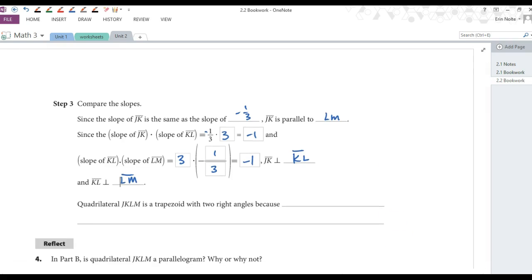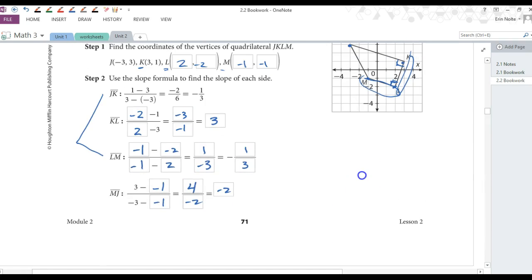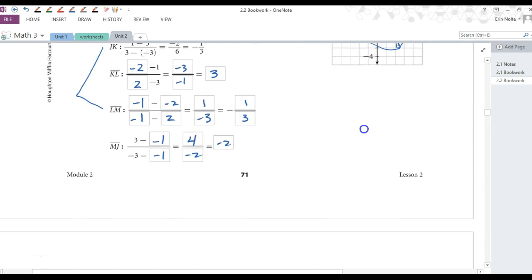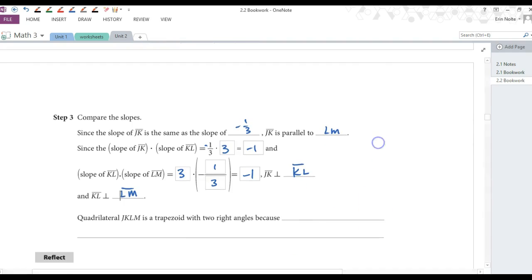two perpendicular angles. So therefore we can say that our trapezoid is in fact a trapezoid with two parallel lines because JK and LM are parallel, and we kind of said it already.